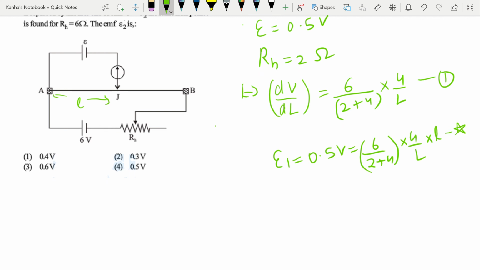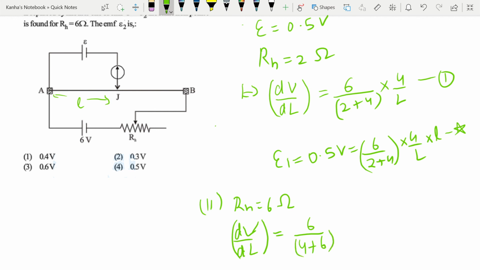Similarly, in the second case, my RH becomes 6 ohm. So the new potential gradient dV by dL is given by 6 by 4 plus 6. Why? Because the resistance of AB remains 4, but the resistance of RH has become 6 now.